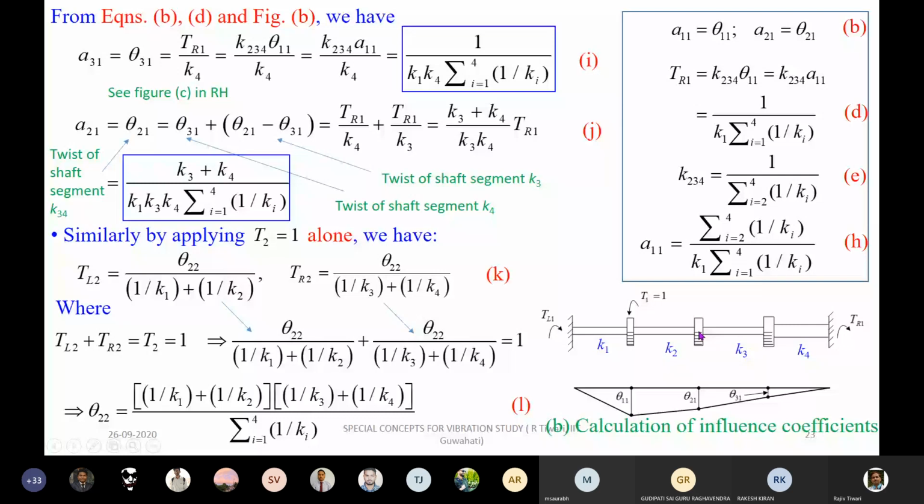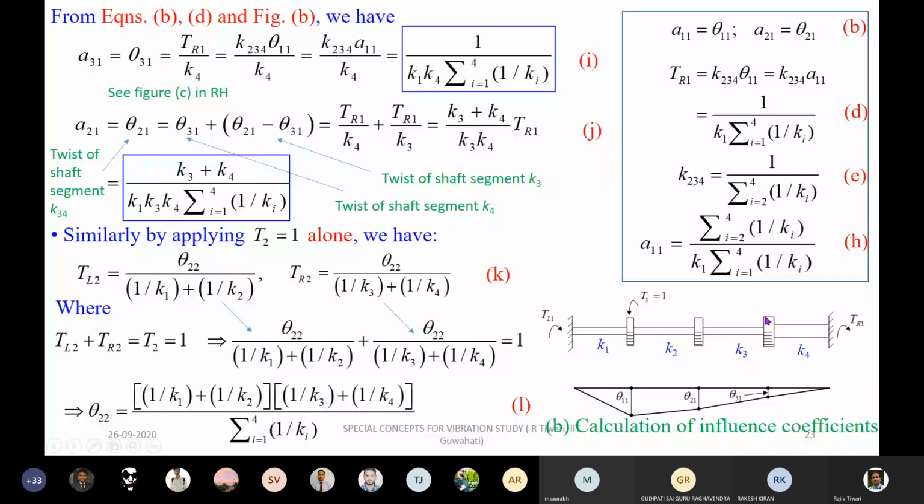Then next is when we apply the torque at disk 3. It will be equivalent to the first one because you can see that there is symmetry. On similar lines we can obtain T3 also.